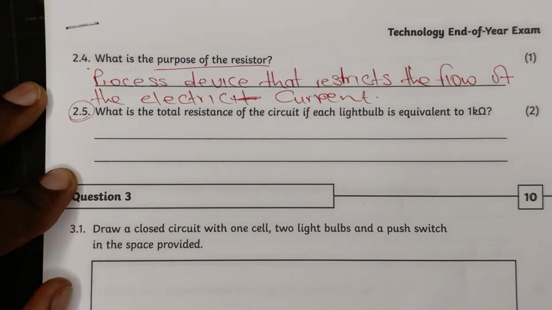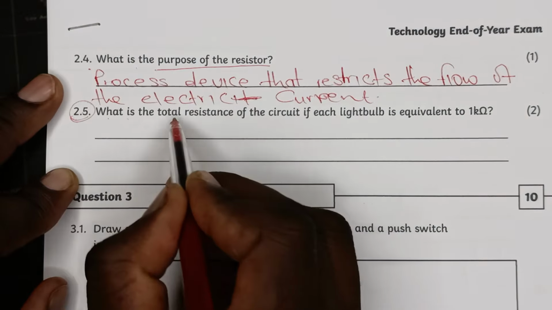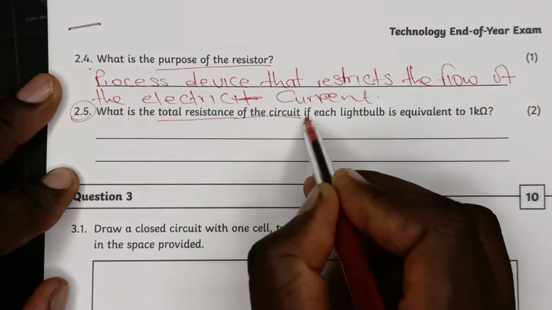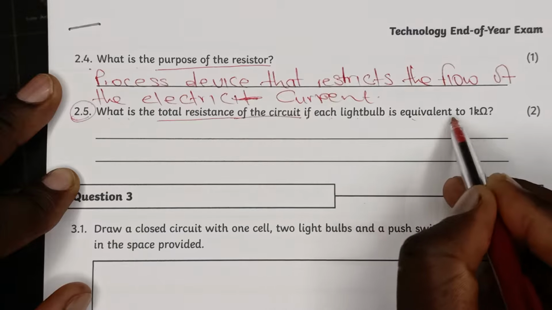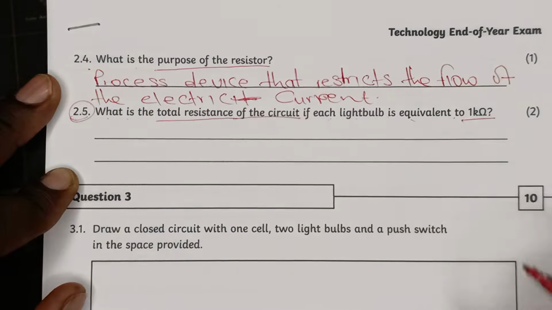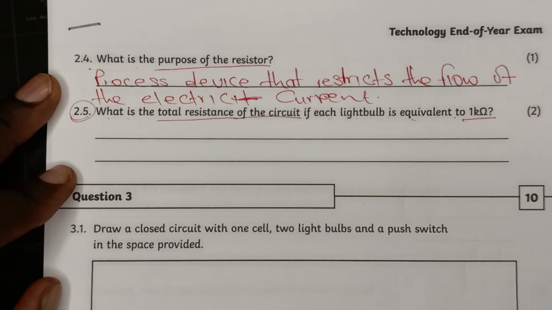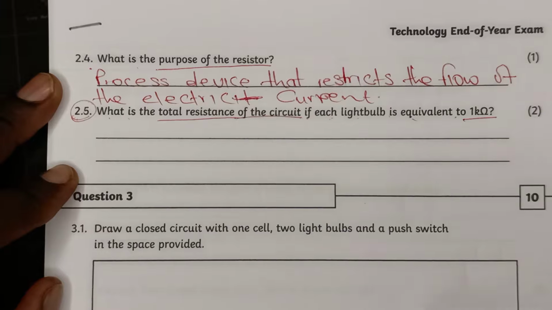So question 2.5. What is the total resistance of the circuit if each bulb is equivalent to 1 ohms? So if each bulb is equivalent to 1 ohms, now what is the resistance?